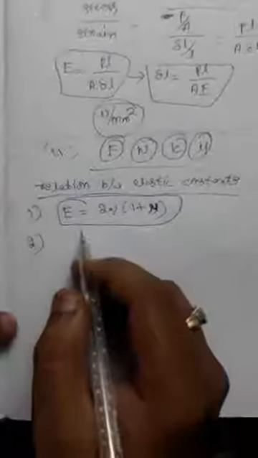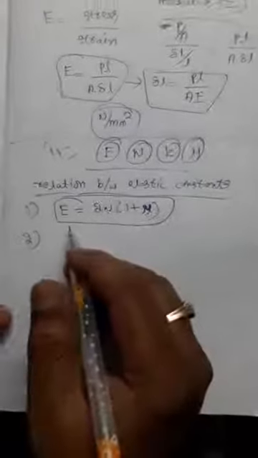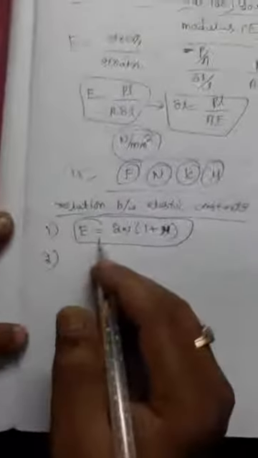These formulas are very important for your ESET competitive exam also. Mostly two objective questions come in your ESET exam from engineering mechanics.